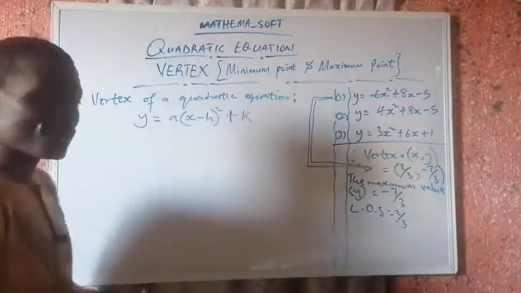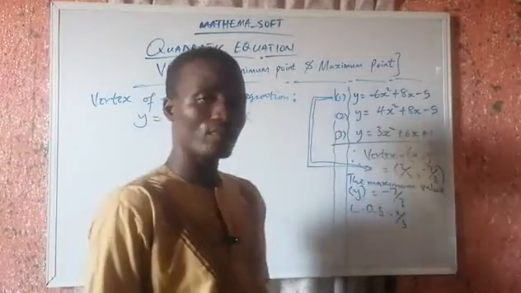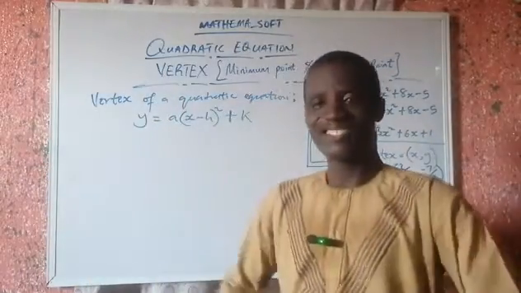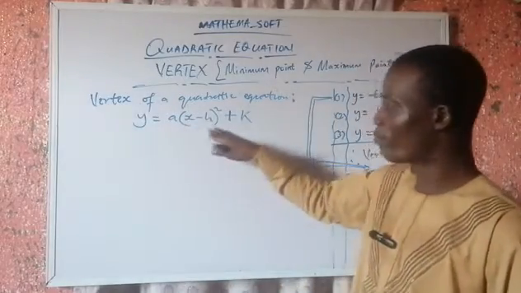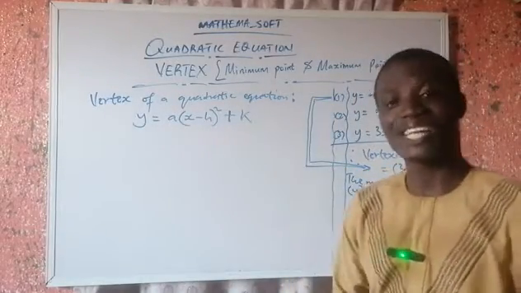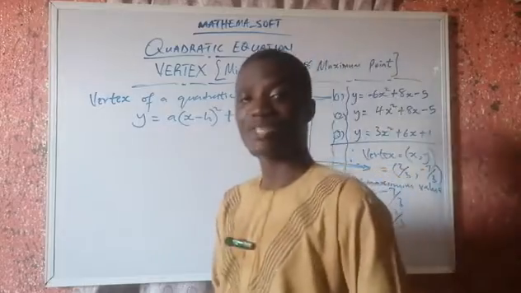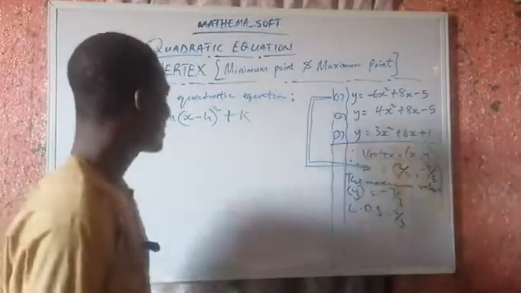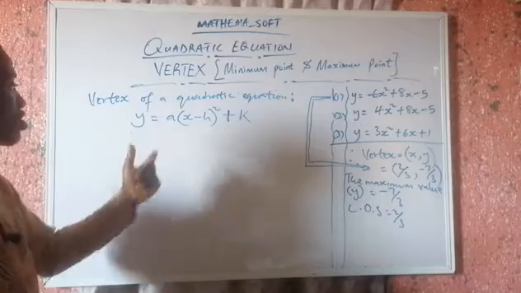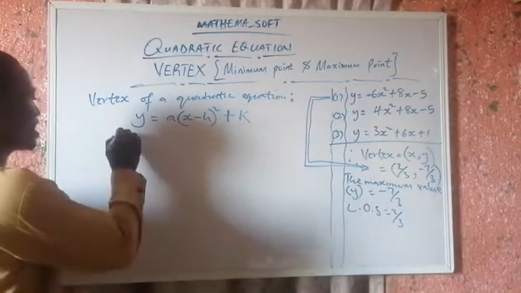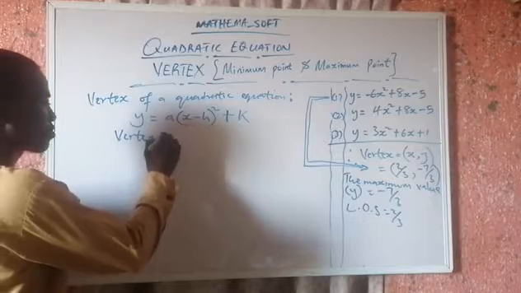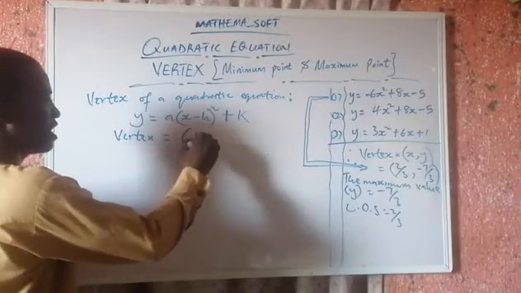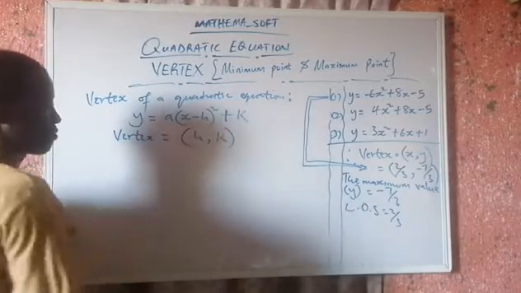To find the vertex of a quadratic equation, our focus will be rewriting the quadratic equation in this form so that we can directly read out our vertex. Whenever a quadratic equation is written in this form, the vertex will be given as h comma k.